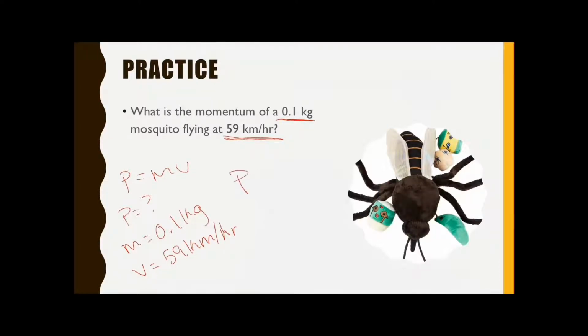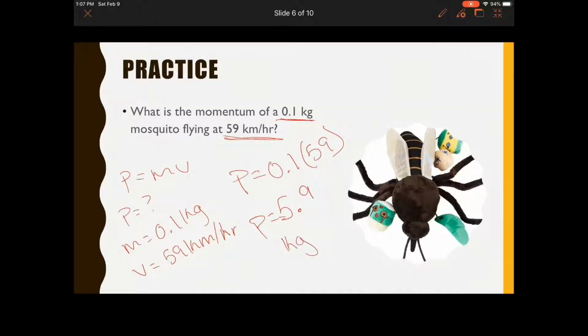So let's take our mass, which is 0.1, times our velocity, which is 59, and we should get a momentum of 5.9 kilograms times kilometers per hour. All right, so that seems easy enough, right?